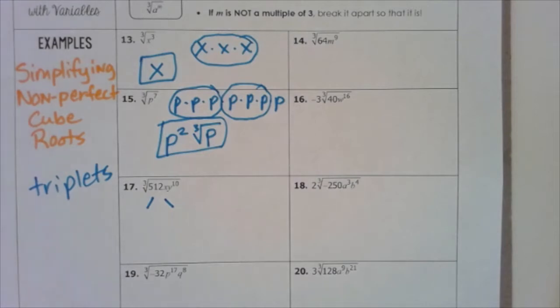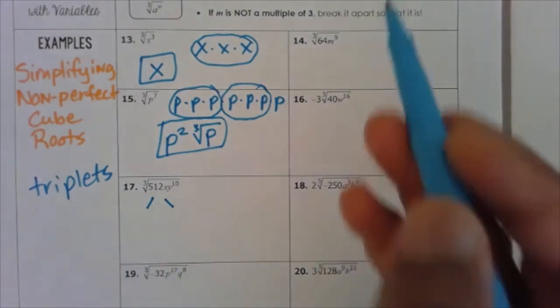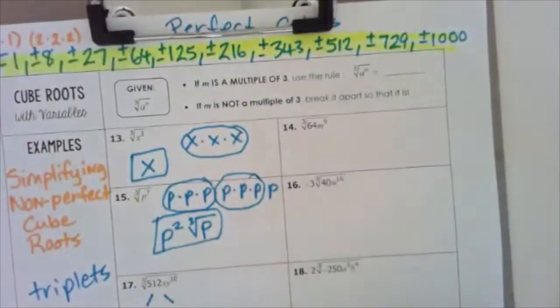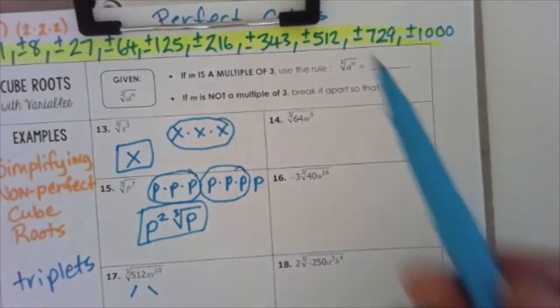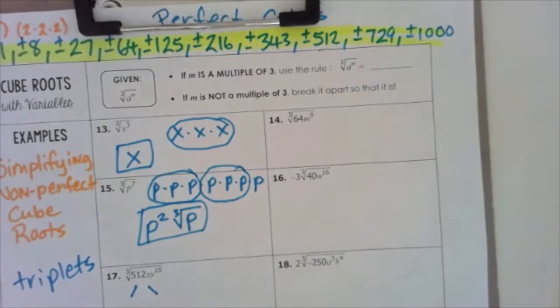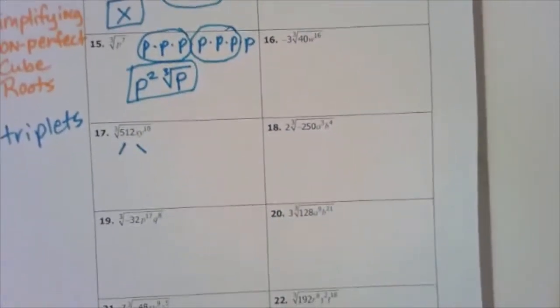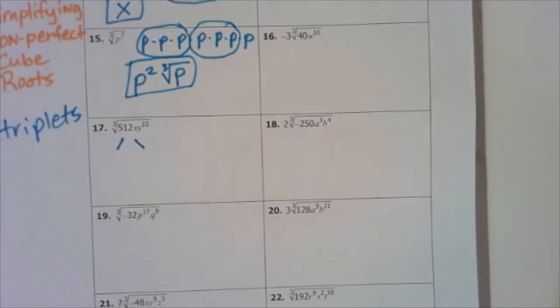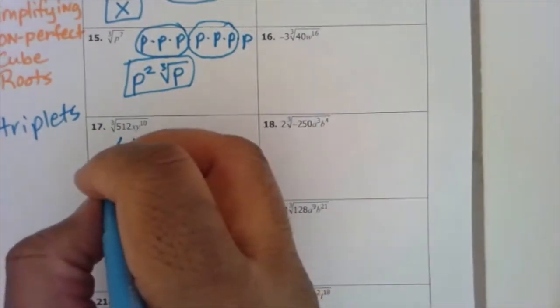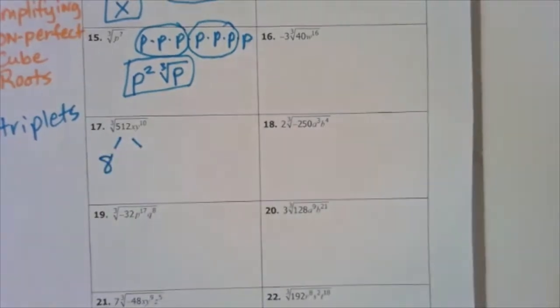That something special is if I were to find the biggest perfect cube, that biggest perfect cube would actually be 512. So they really just want you to take the cubed root of that. Let me straighten that out here for us. So if I take the cubed root of that, I'm going to end up with 8. So I don't really need to even break that down much further.